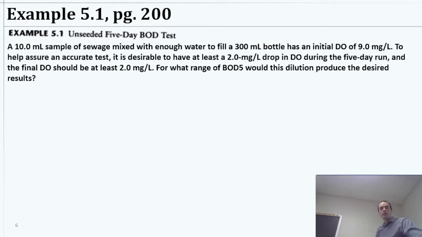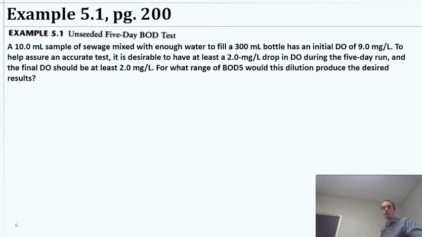We have a 10 milliliter sample of sewage mixed with enough water to fill a 300 milliliter bottle, and that has an initial dissolved oxygen of 9 milligrams per liter. To help ensure an accurate test, it is desirable to have at least 2 milligrams per liter drop in dissolved oxygen, so going from 9 down enough at least to 7, right?